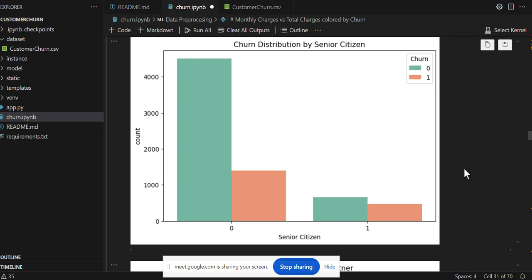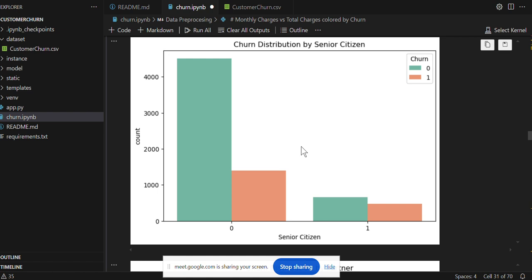The second bar is for the class of 1, which is yes, a senior citizen. You are looking at instances from the record that are senior citizens with respect to whether they churn or not. Churn means they will leave the organization, the network, or not.